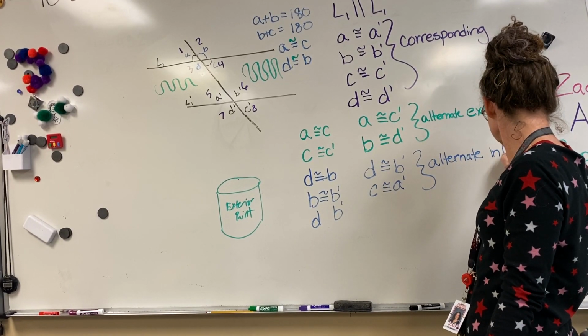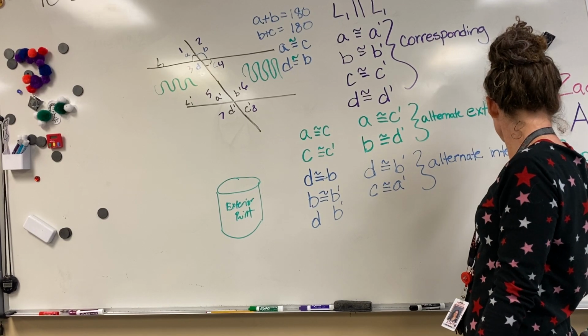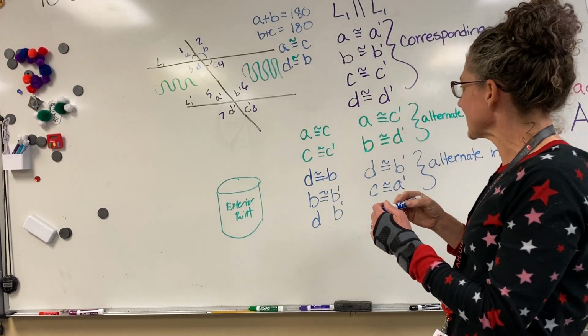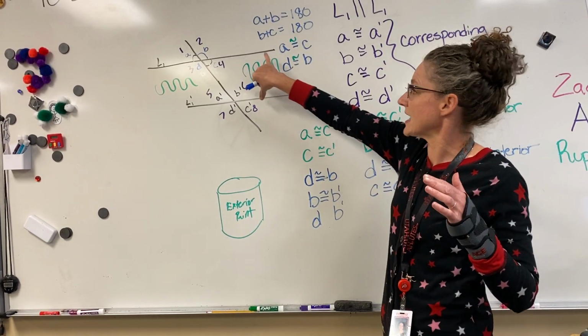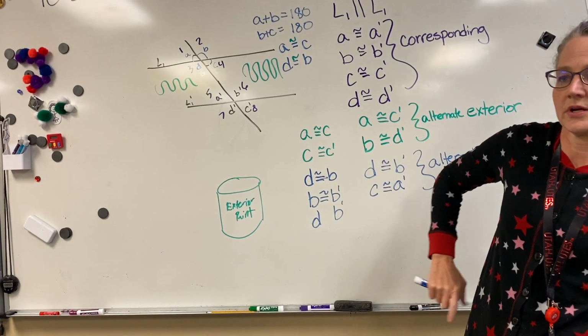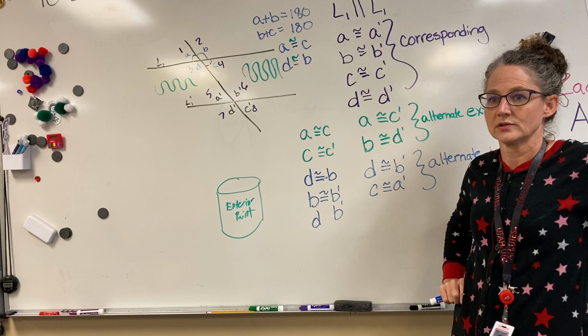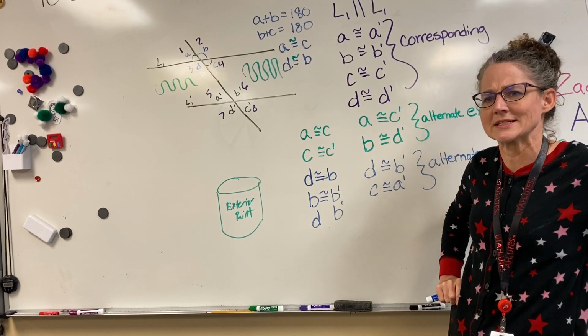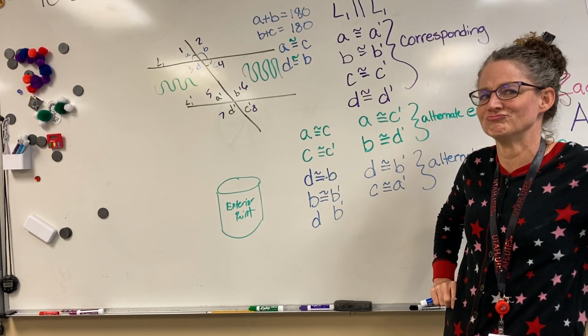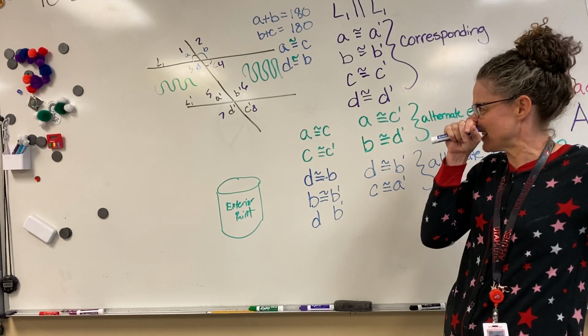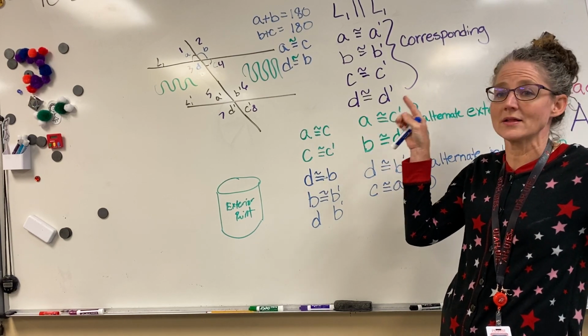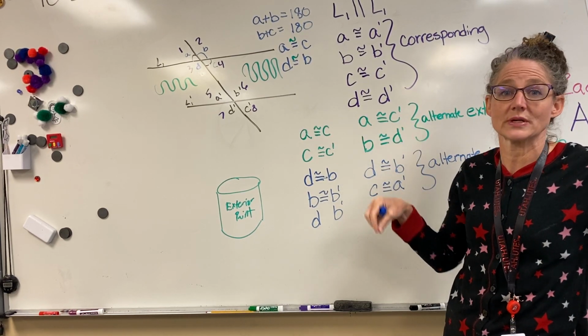So they're alternate interior angles. And if these lines are parallel, the alternate interior angles are what? Congruent. Can you have parallel angles? No. Can't have parallel angles. But if the lines are parallel, the angles are going to be congruent.